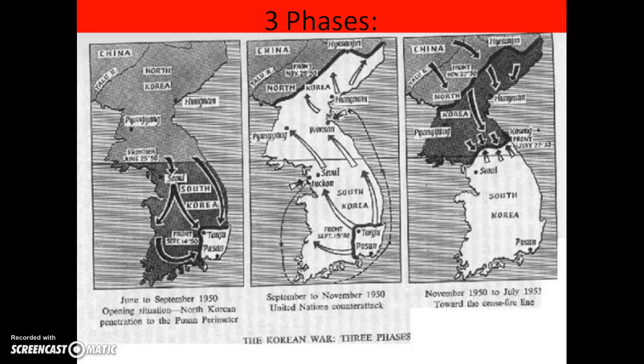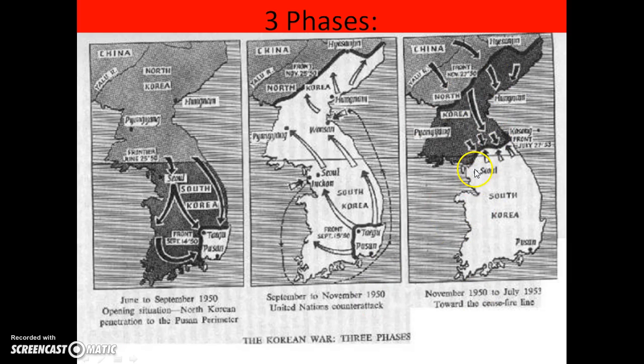But at this point, MacArthur continues to warn the Chinese that we would use atomic weapons if they didn't stop the attack. Now, Truman did not like this. Truman got very angry with MacArthur and told him to be quiet, but MacArthur would not be quiet about the potential of taking on all of China as a result of their entry into this supposed police action. We'll talk more about that in a second.